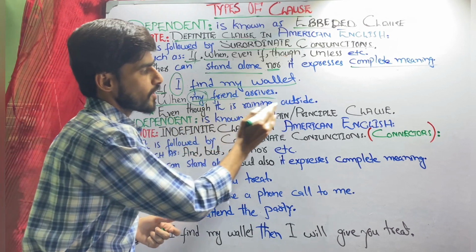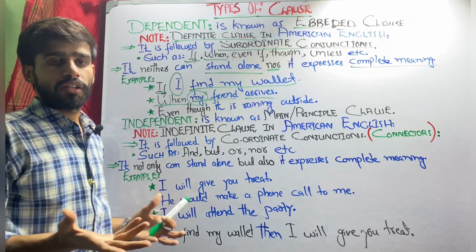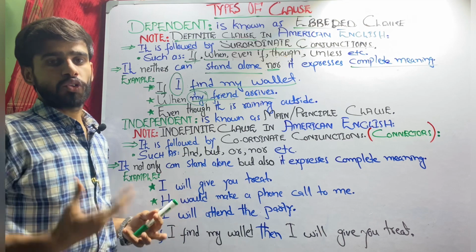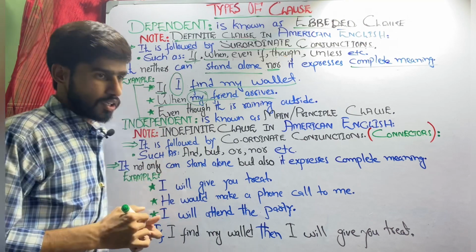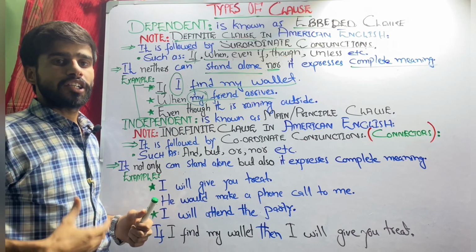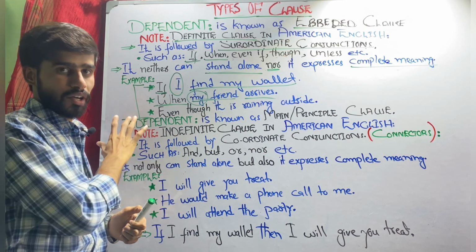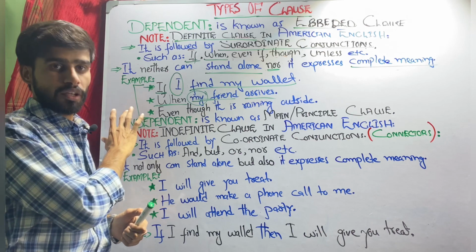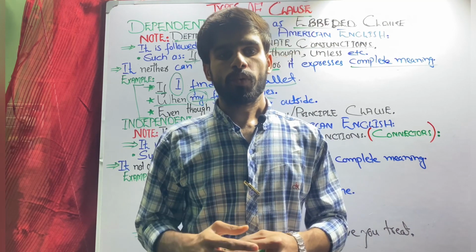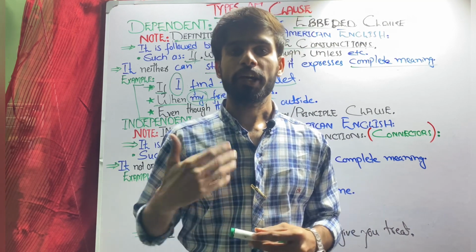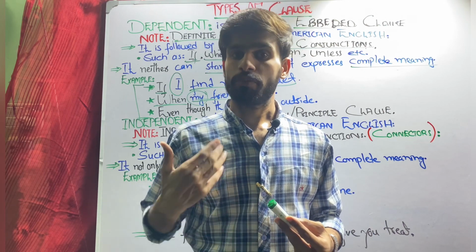"Even though it is raining outside", then what are you going to do? So these three clauses are dependent clauses, and we cannot call them sentences. These clauses need only one thing, an independent clause, to be completed or to give a particular sense of meaning.